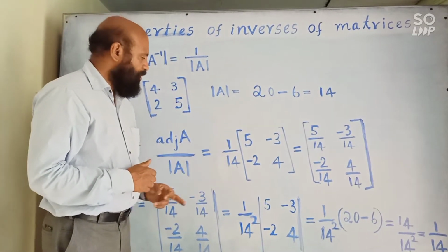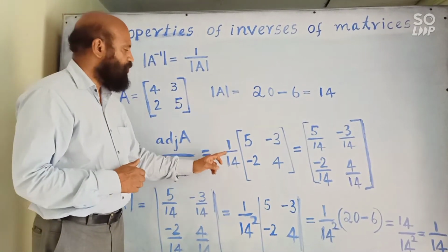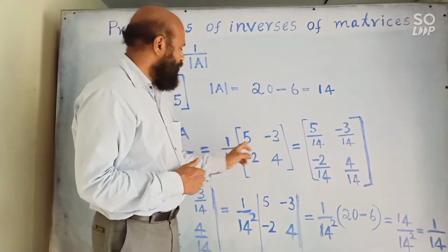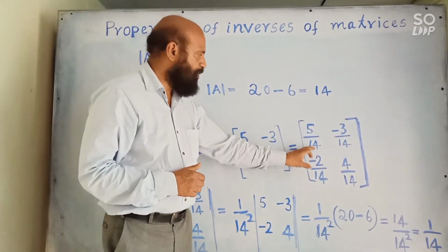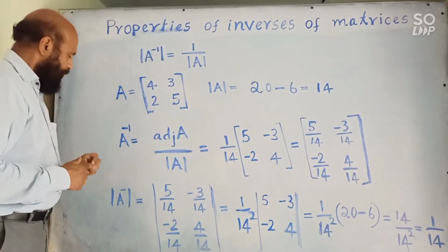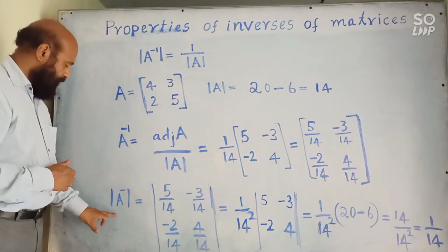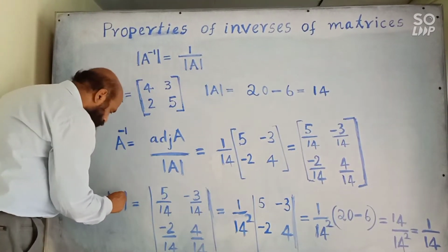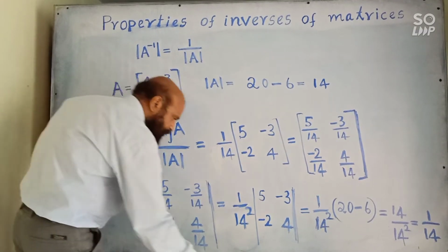Now before taking the determinant, this 1 by 14 is to be taken inside. So when this 1 by 14 is taken inside, you will get a matrix like this. Then you find out the determinant of A inverse.